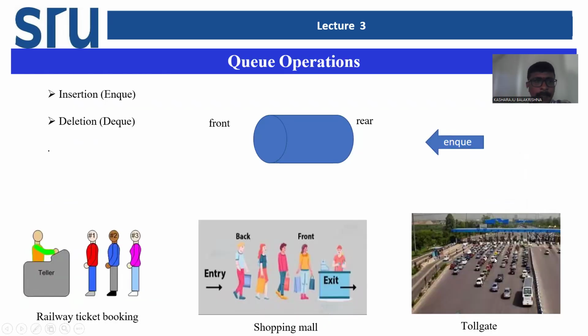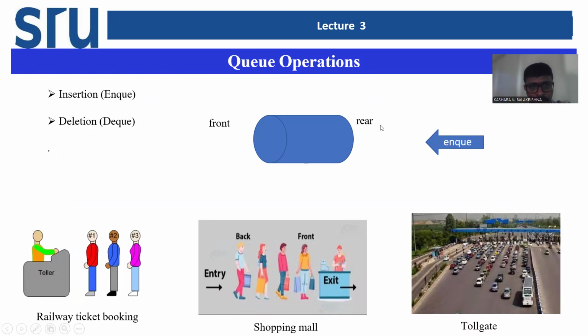This has two operations. One is the insertion operation, the second one is the deletion operation. We also need to display the peek element. So the basic operations are insertion, so called enqueue operation, and deletion, the dequeue operation.